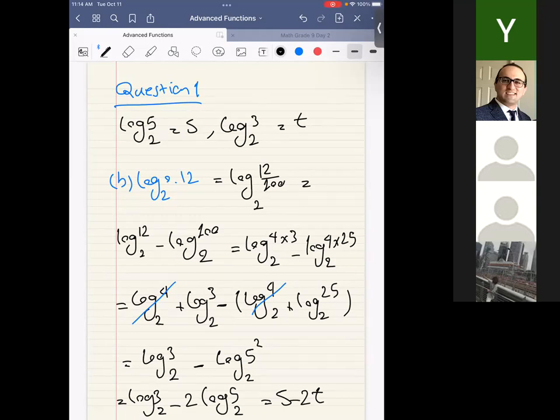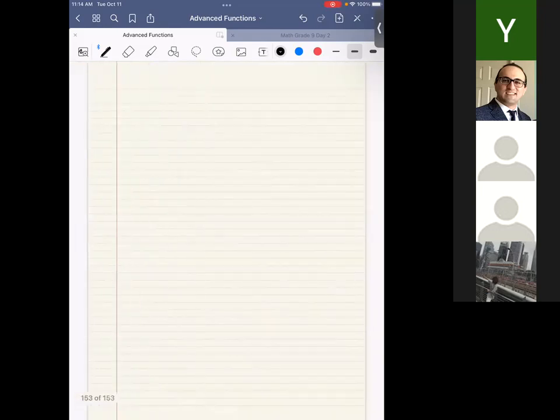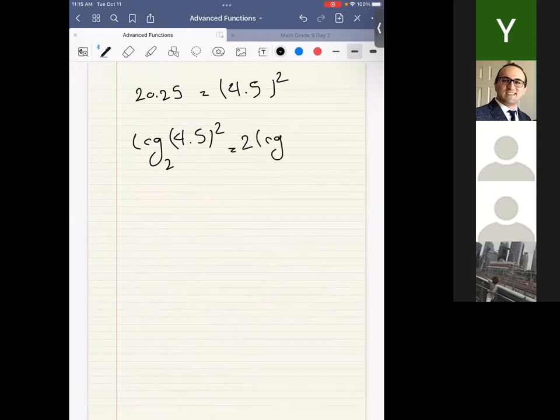Okay. Part C is similar. The key is that 20.25 is just 4.5 squared. So that means log of 4.5 squared is equal to 2 times log of 4.5.